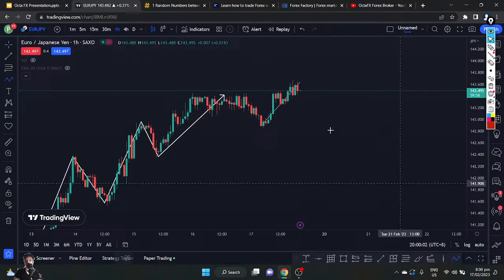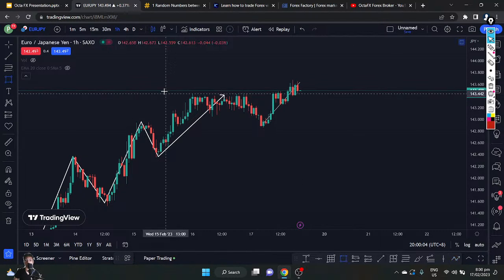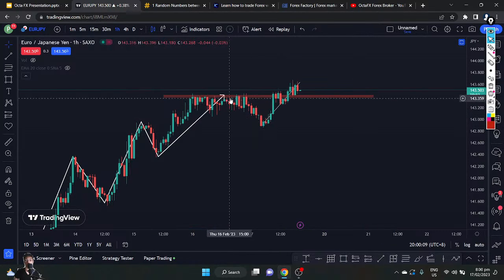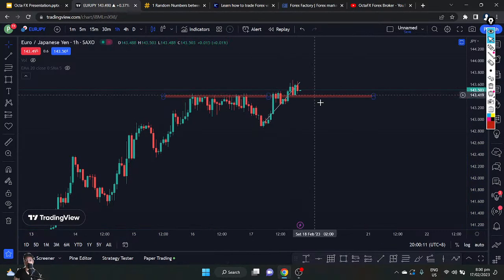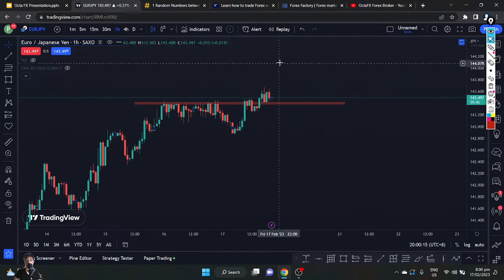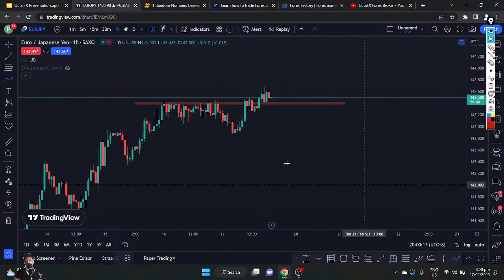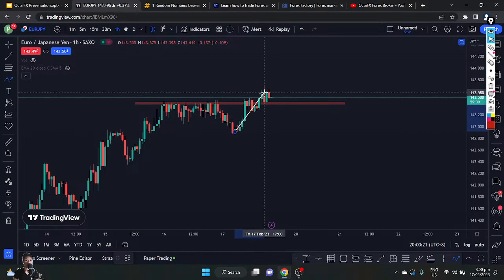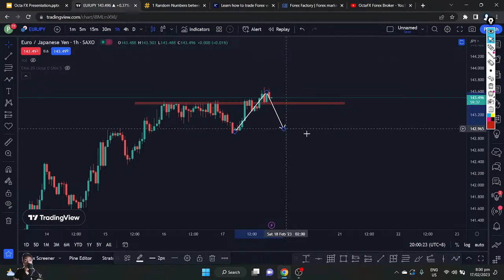But if you see that the price is struggling to make a huge breakout, so let's say the price breaks this resistance, then instead of continuing to go higher, after just breaking this, the price immediately pulls back, then this is a sign of a divergence.